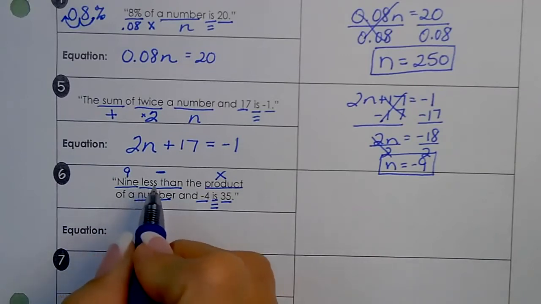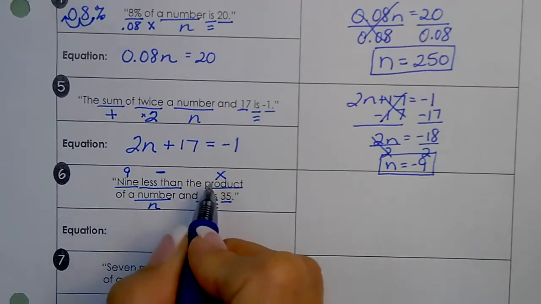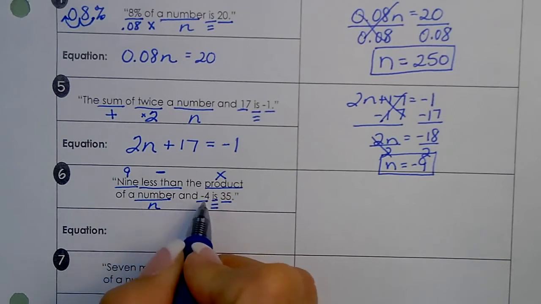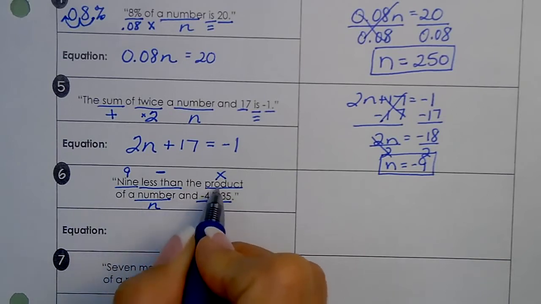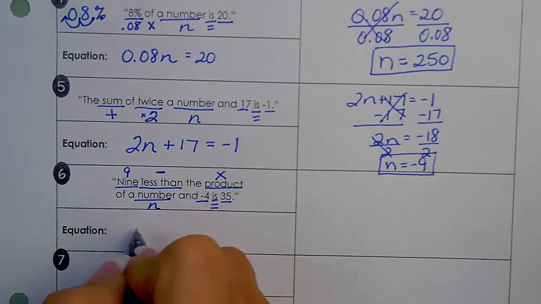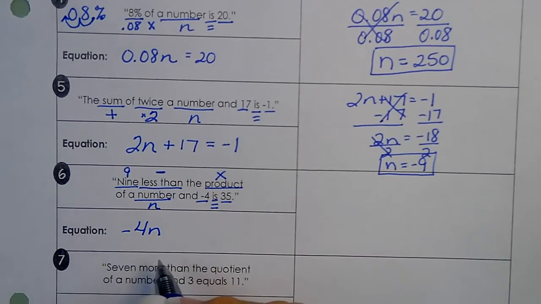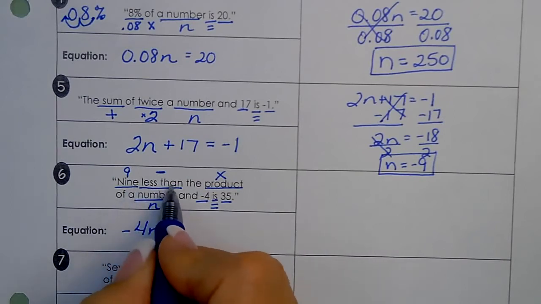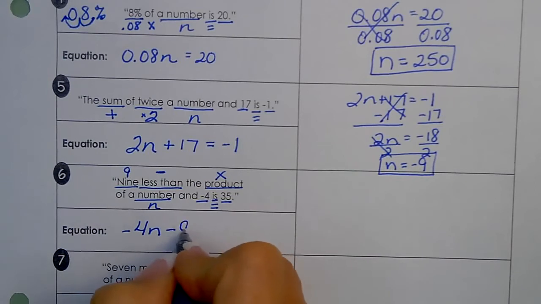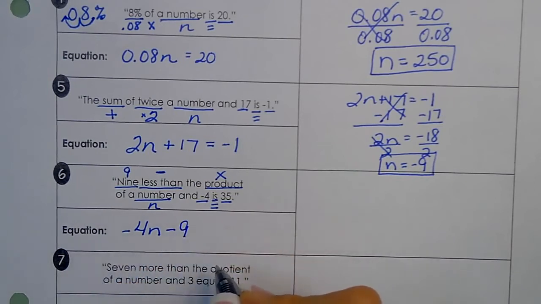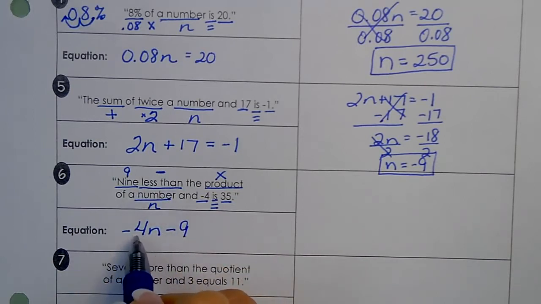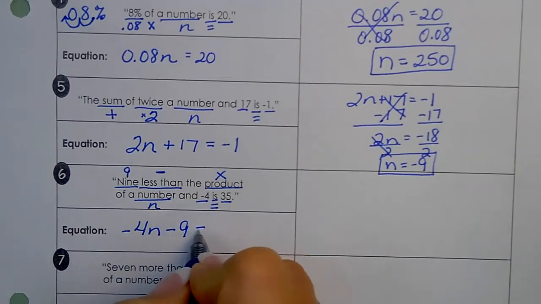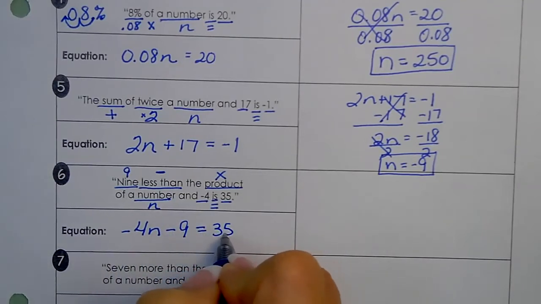So we're going to take 9 away from the product of a number and -4. If we're going to multiply n and -4, it would look like -4n. Now it's 9 less than this, so then we're going to subtract 9. So this part shows 9 less than the product of a number and -4. And we have is 35.